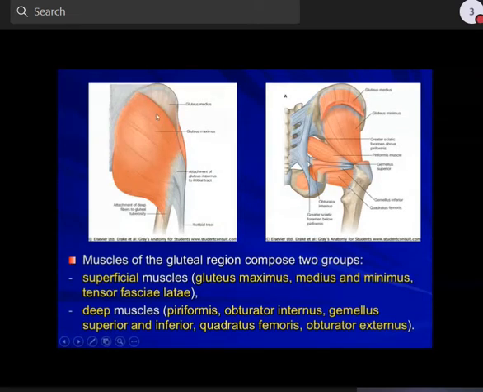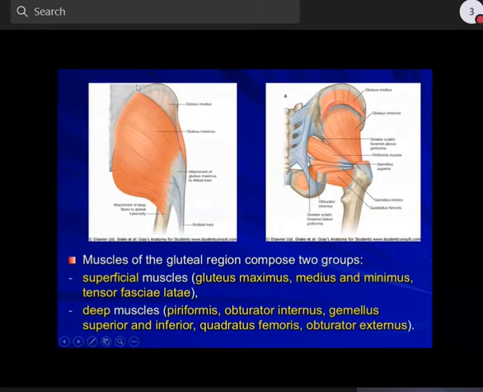It's quadrilateral in shape, so its origin refers to the iliac crest, posterior plate of thoracolumbar fascia, dorsal sacroiliac ligaments, and the lateral border of sacrum and coccygeal bone.